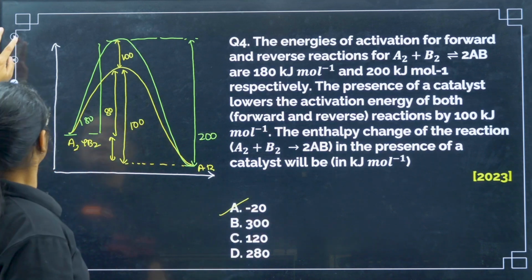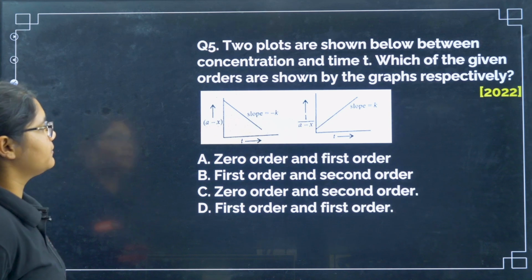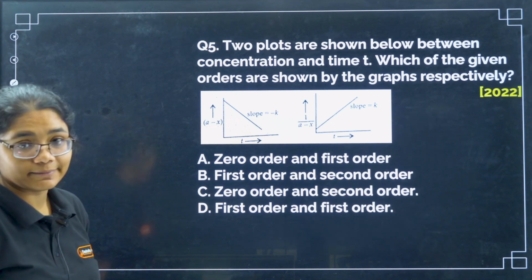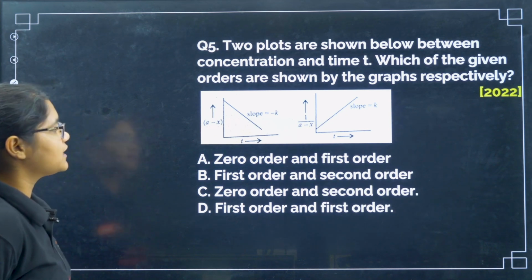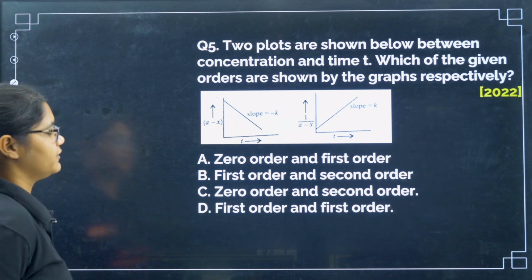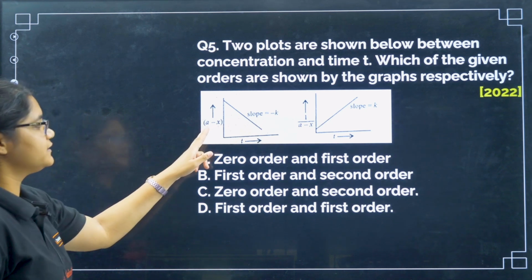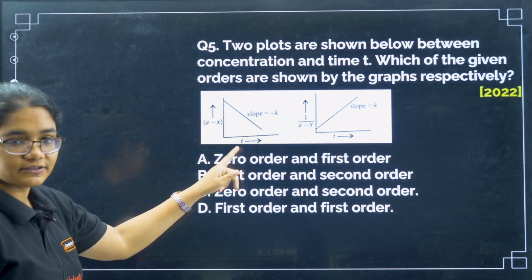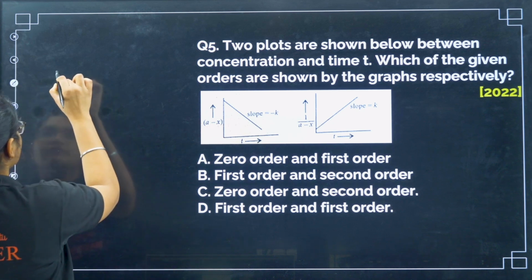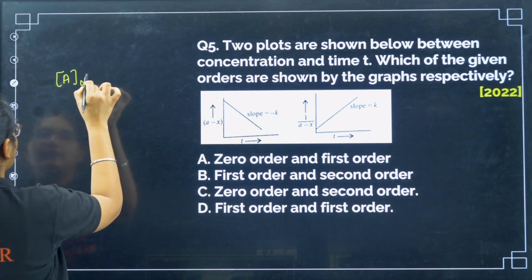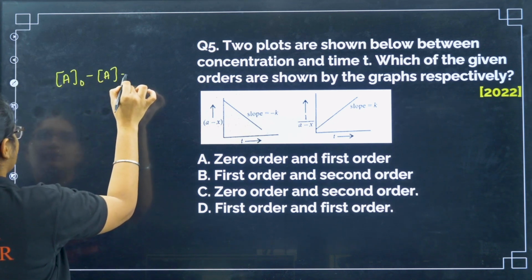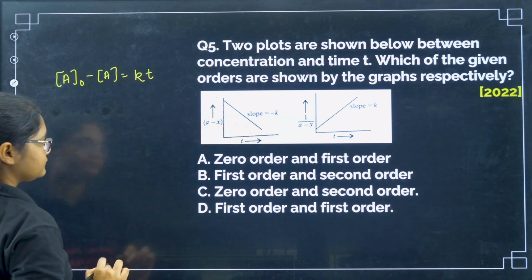Okay, next, two plots are shown below between the concentration and time t. Which of the orders are given in the graph respectively? So here it is concentration at any time and concentration. For zeroth order, I have A naught minus A is equal to K into T, right?